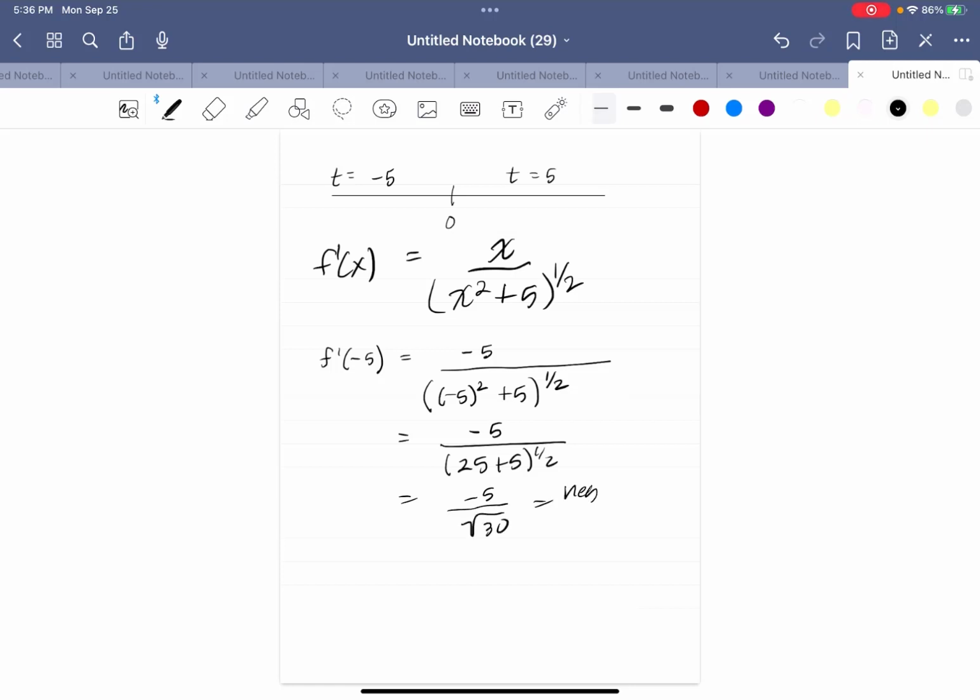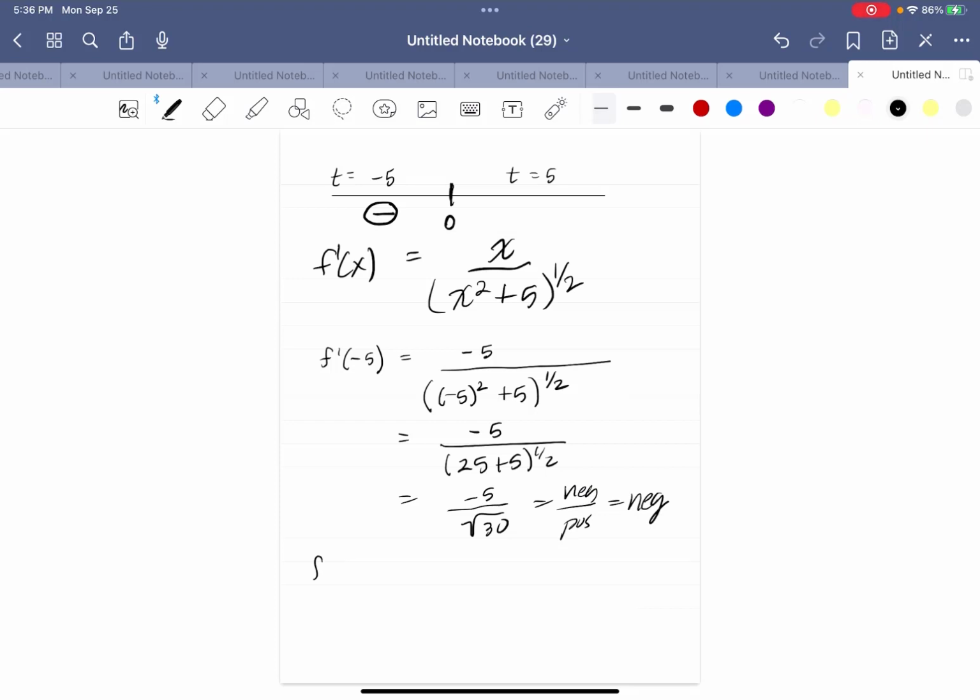Now this is a negative and this is a positive, so overall, while we don't really care so much about the precise number, we know that this region is a negative until we get to 0.